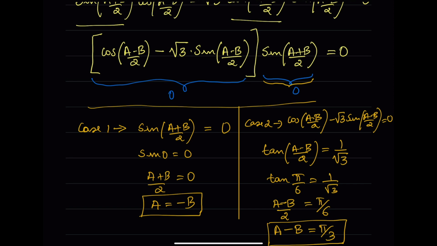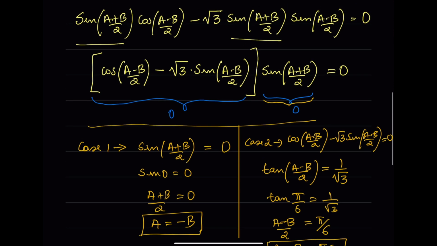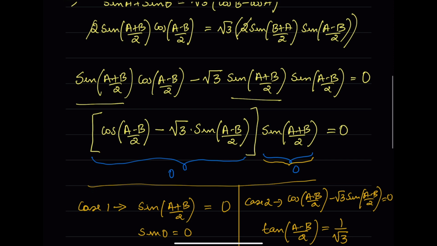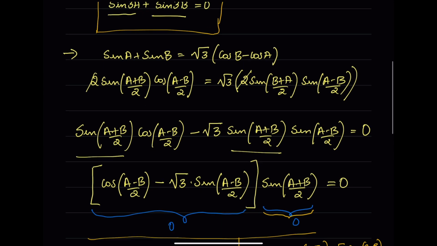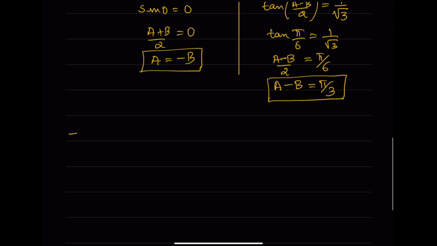Now let's apply this value A is equal to minus B in the required proof. So what should we prove here? We have to prove that sin 3A plus sin 3B is equal to 0.